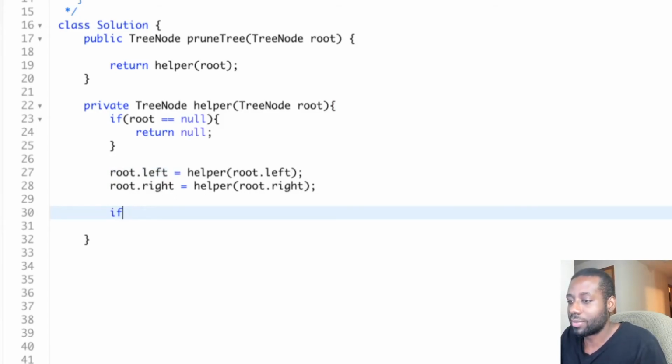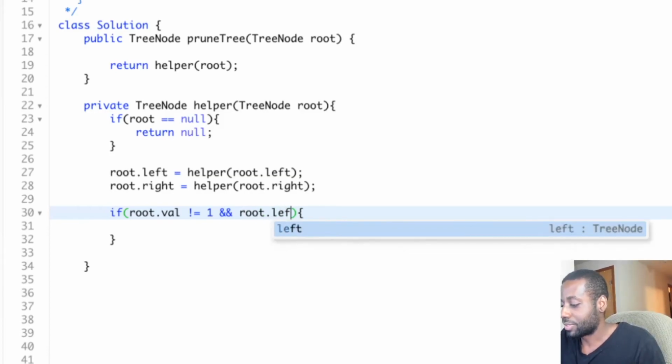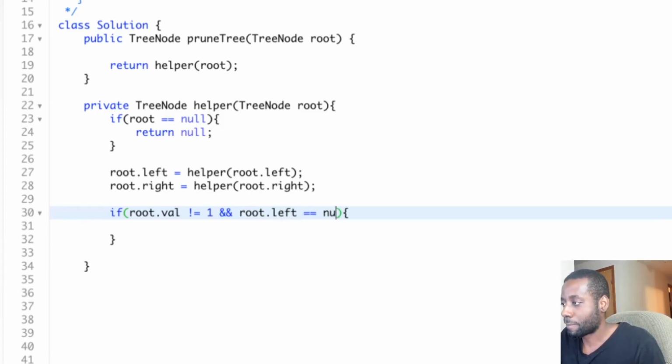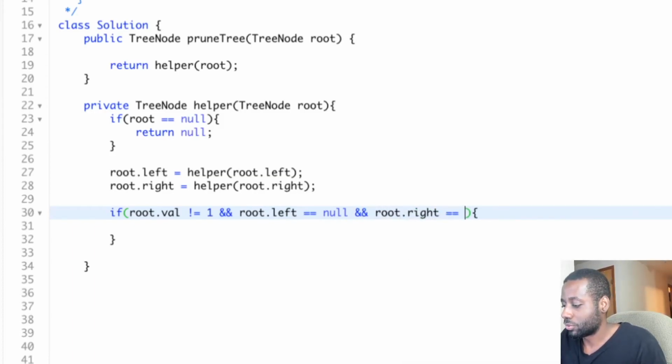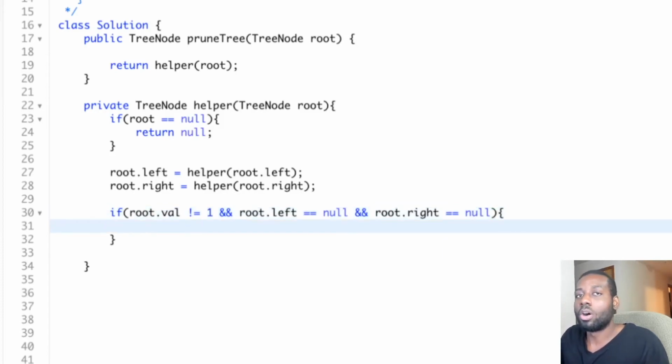So now after we go left, we go right. We're going to check the root. If root.val does not equal one, and root.left equals null, and root.right equals null, so if they're both null, then we return null.